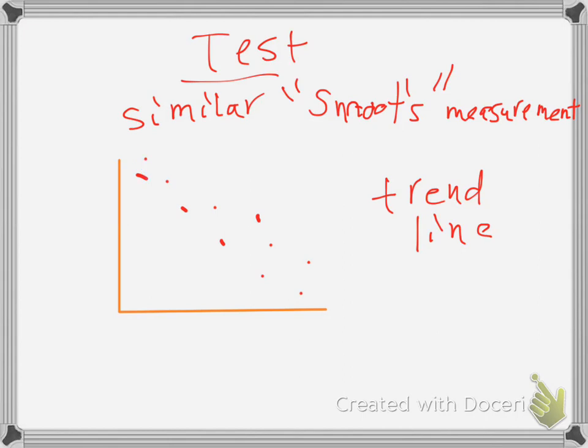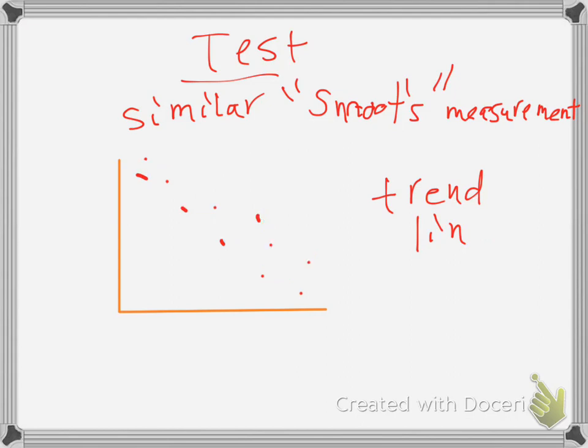This should be a line that best represents these points. Let's see if I can do this here. If you can see this, it should be right here. It seems to best represent these. So my line of best fit would look about like that. On your test, please do not do this. Don't do that. That'll make me very, very sad.